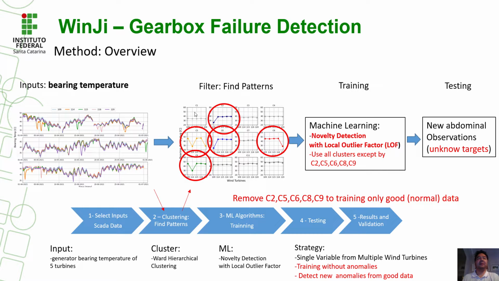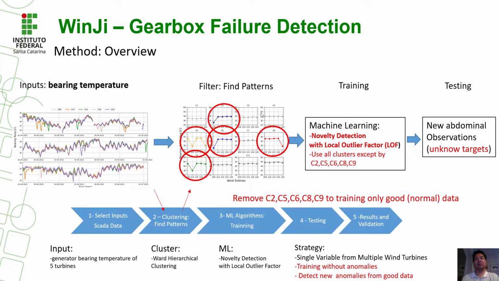You can see here the temperature: some clusters have the same temperature across the turbines, and some have turbines that don't have the same temperature in comparison to the other ones. So what I do here is to remove these clusters that I consider not good. They have some problem because the temperature is different from the others.